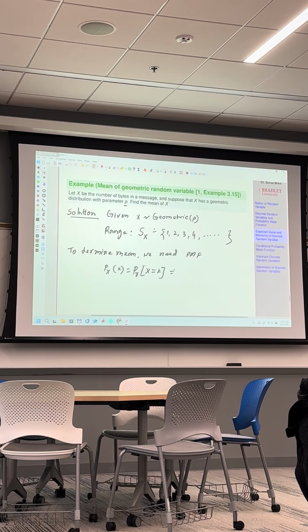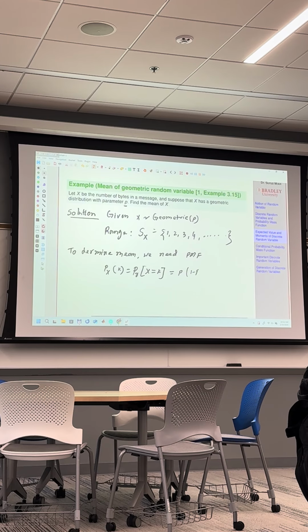You remember the PMF of a geometric random variable: it is p times (1 minus p) to the k minus 1, for k equals 1, 2, and so on.